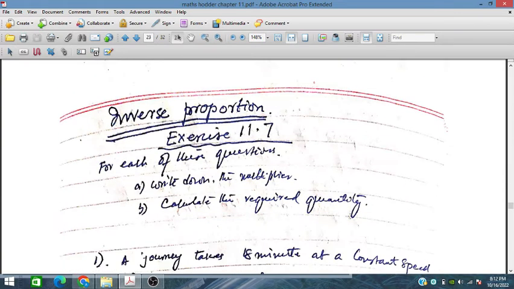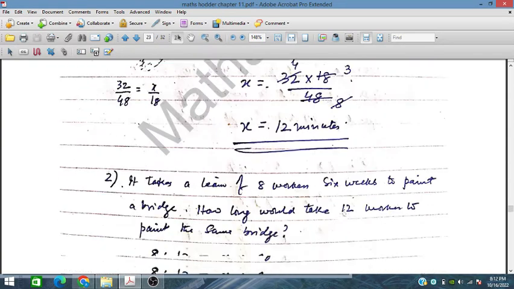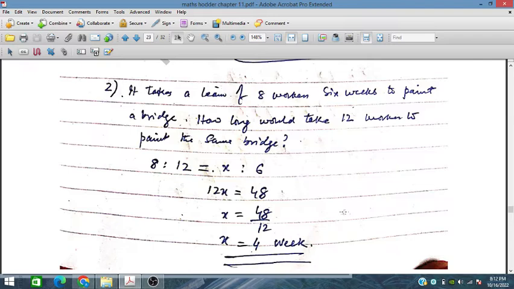Similarly, for the inverse proportions, it takes a team of 8 workers 6 weeks to paint a bridge. The same bridge has to be painted by 12 workers. Now the workers have increased, so the time should reduce.